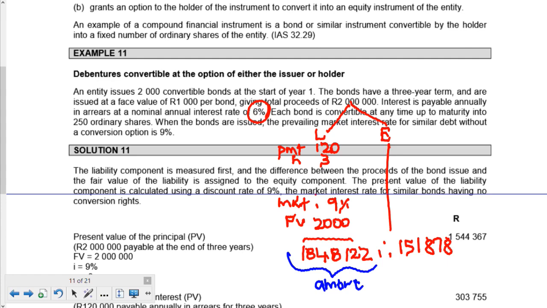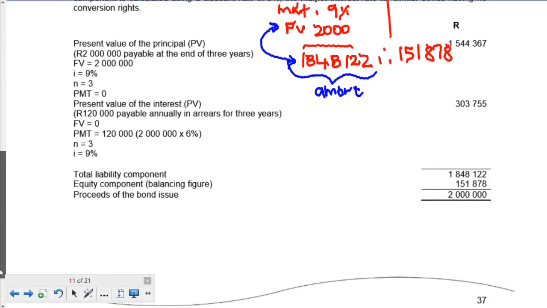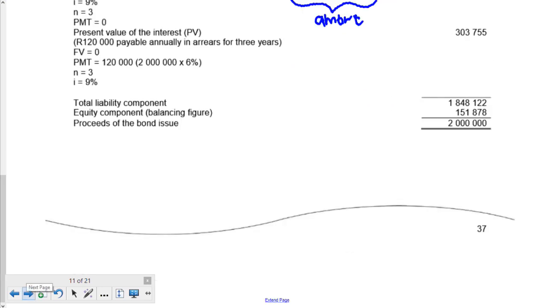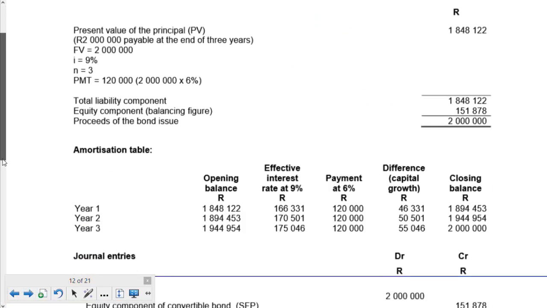It's going to start at 1,848,122, but it needs to grow to 2 million, isn't it? So I'm going to have the exact same story that I had earlier, but the other way around. So if you still have the numbers, if you haven't gone clear all, you can quickly amortize for me, and you should see an amortization table that looks like that.